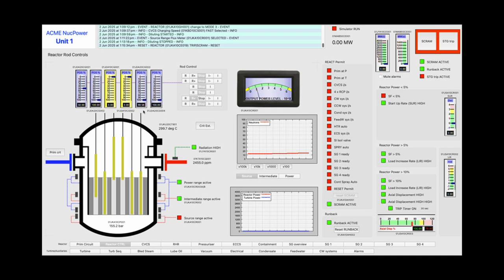Retract control rod 3 and stop it at the 50% position.